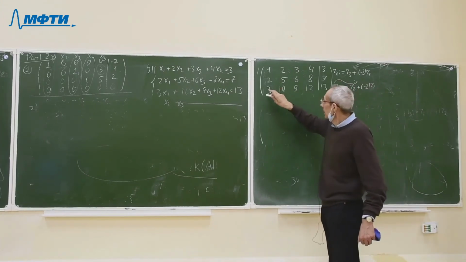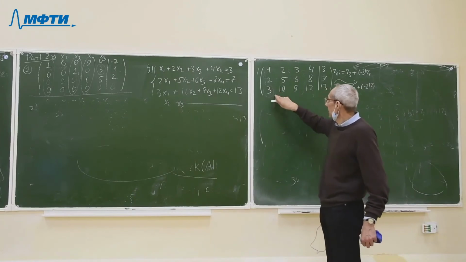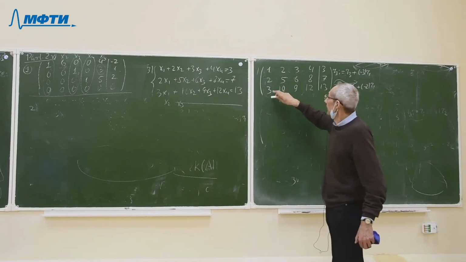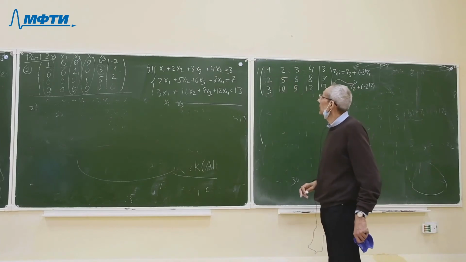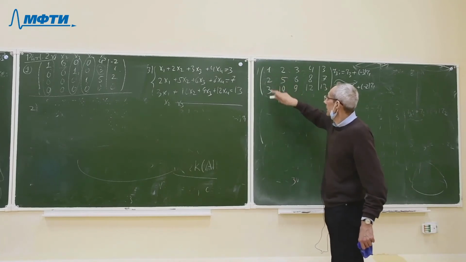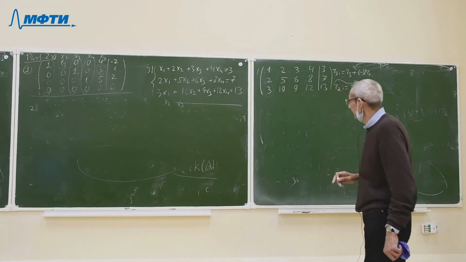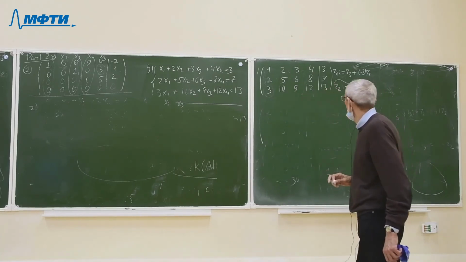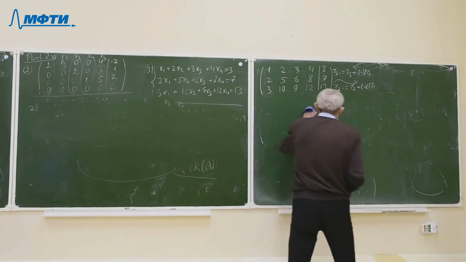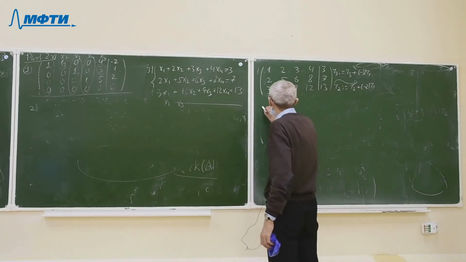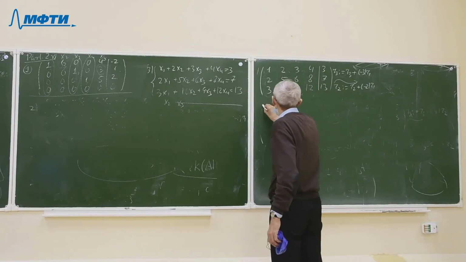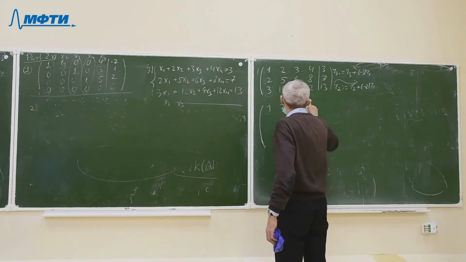In this case, we can see that the first element of the first column divides the other elements of this column, and our transformation can be easily calculated. We have the first row.